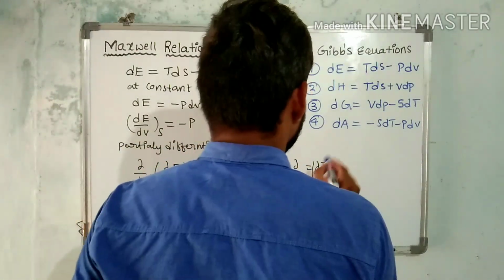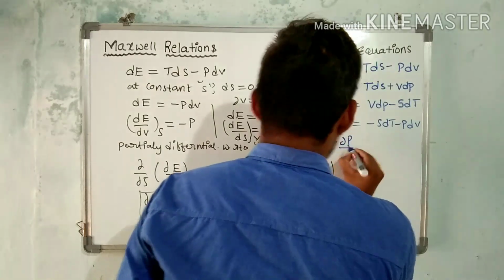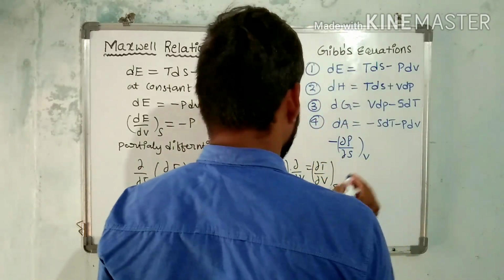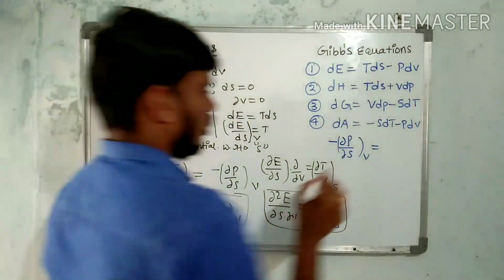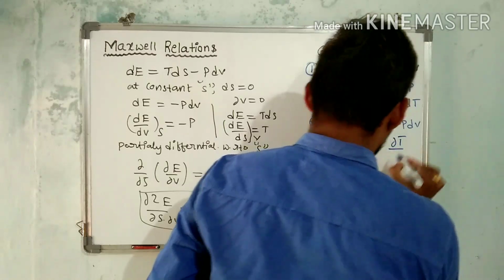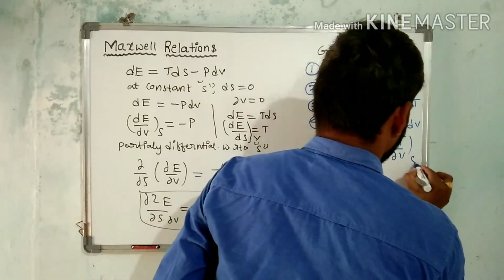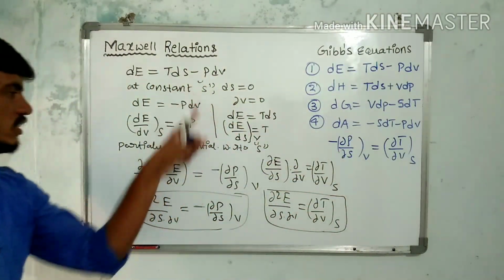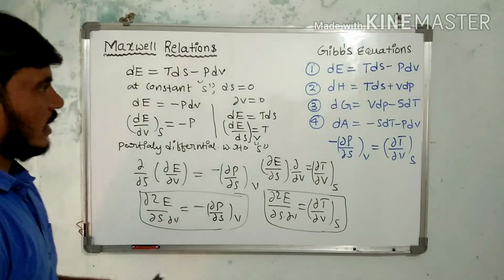The relation is minus dou P by dou S at constant volume is equal to dou T by dou V at constant entropy. This is one of the Maxwell equations, obtained from the expression dE is equal to TdS minus PdV.